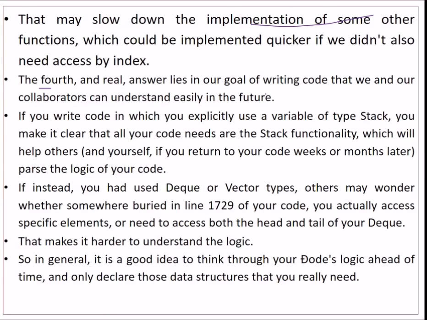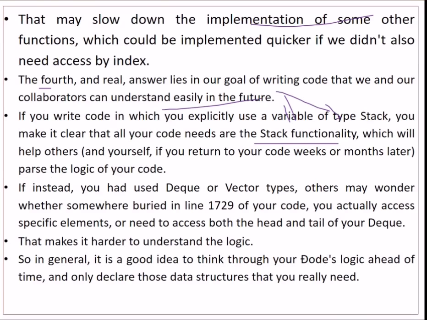And the final answer lies in our goal of writing code that we and our collaborators can understand easily in future. So if you are going to write code in which you are specifically using some variables as stack, you are making it clear that your code needs are specific to stack, which will help others parse the logic of your code.